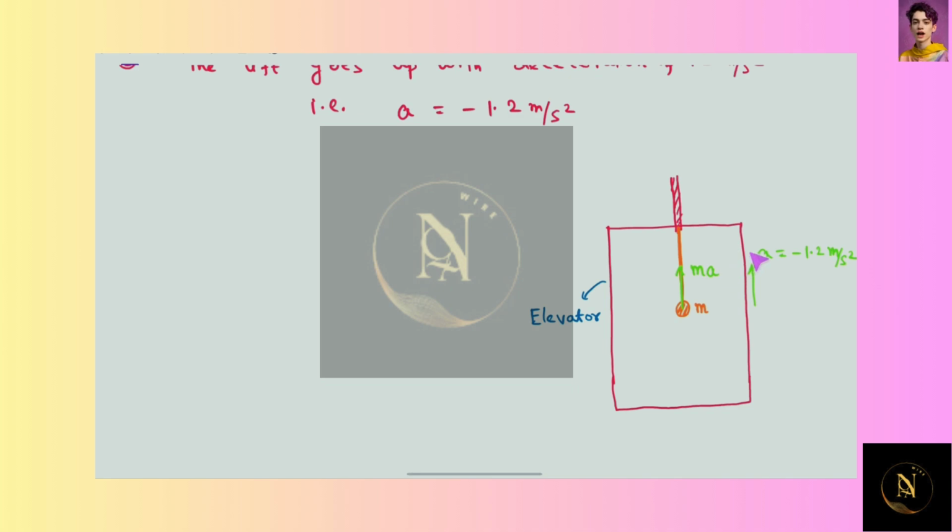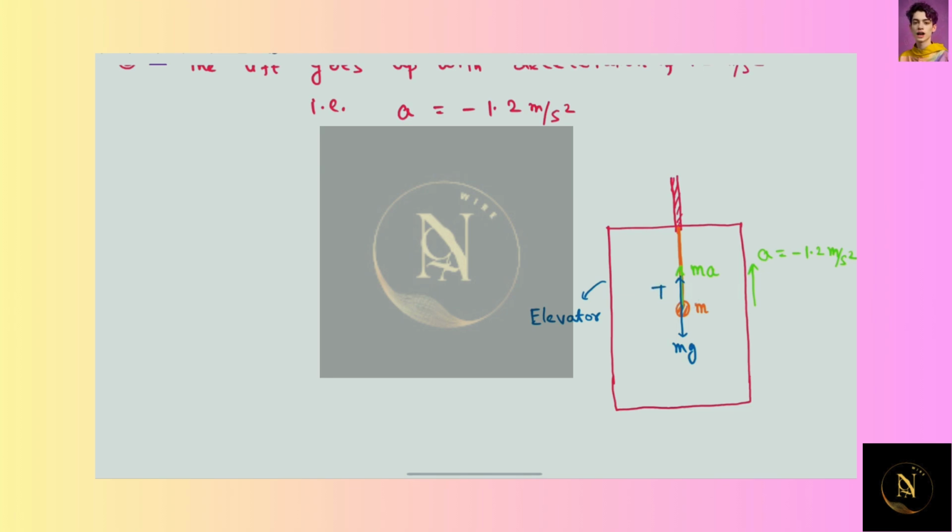Once again, as the lift is having a deceleration in the upward direction, we can equivalently say that the lift is having an acceleration in the downward direction. So the pseudo force will be acting in the upward direction. Any other force acting on the bob?